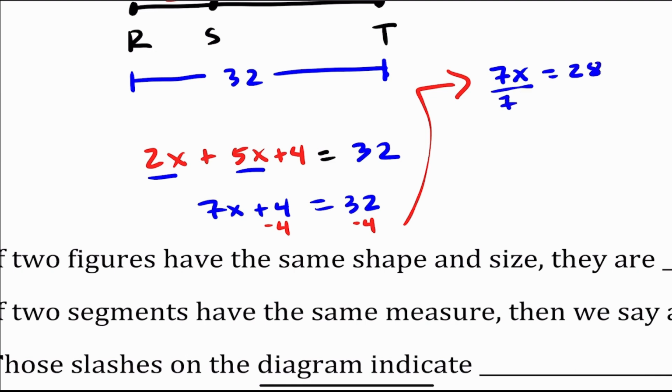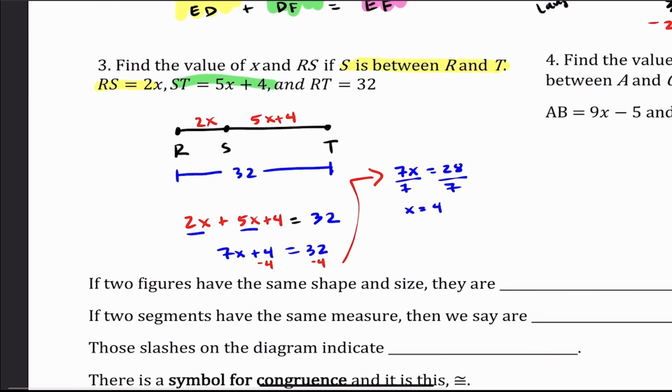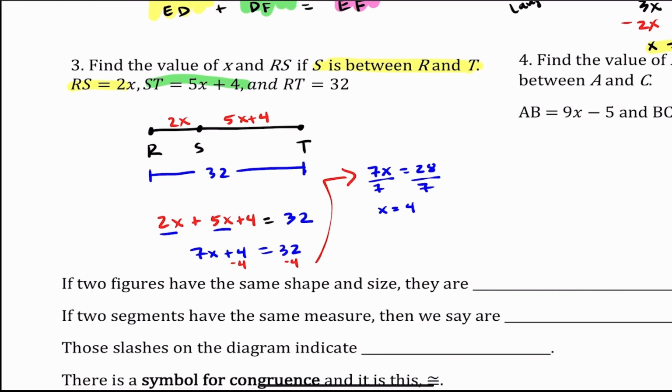And then I'm going to divide both sides by 7. So x equals 4. And because it's saying that I need to find RS, after I find x, I'm going to take that x equals 4 and plug that into what RS is. So RS is just 2x, and that's going to equal 2 times 4, which is 8. And that's how long the measure of RS is.